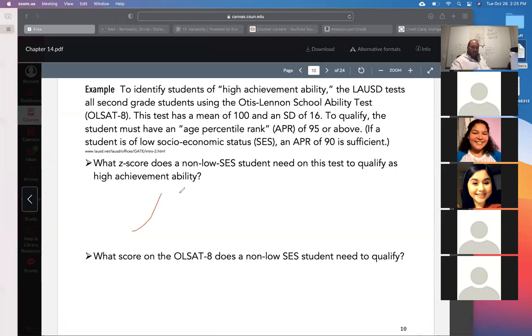Now you have the percentage. We're told that there's 95% beneath it, and we're looking for the Z-score. So we're going backwards. Rather than having the Z-score and getting the percentile, we have the percentile and we're getting the Z-score.